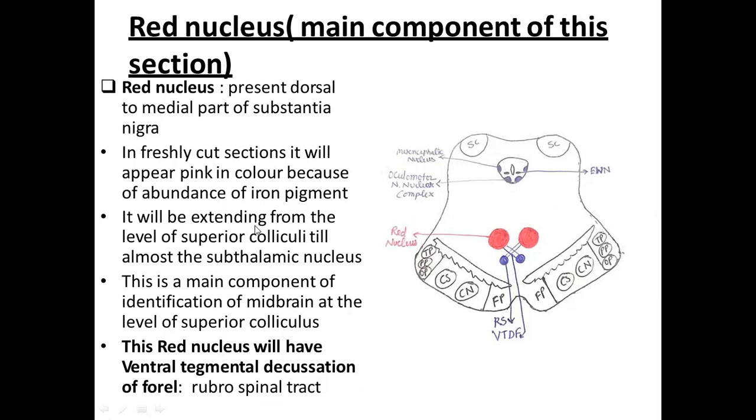It extends from the level of the superior colliculi almost to the subthalamic nucleus. So this is the main component for identification of the midbrain at the level of superior colliculus. The red nucleus will have the ventral tegmental decussation of Forel, that is the rubrospinal tract. Remember, dear students, the red nucleus comes as a very short note in the exam.